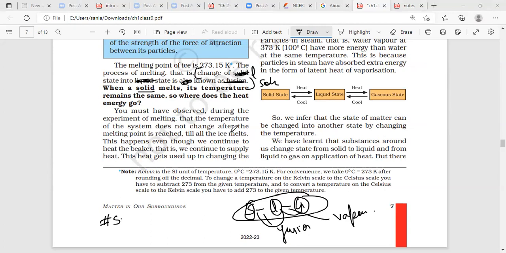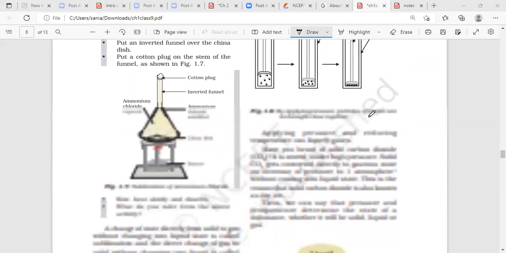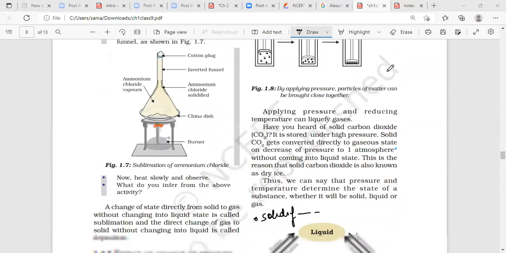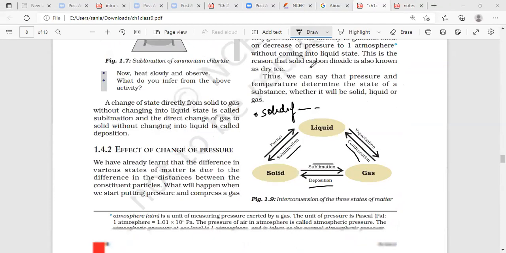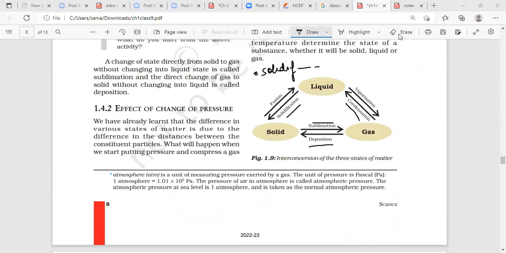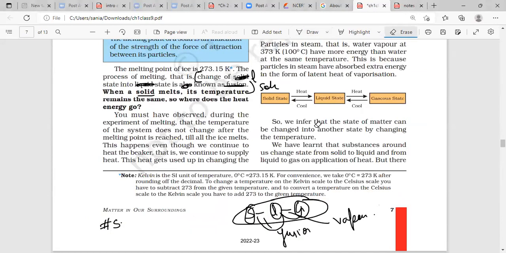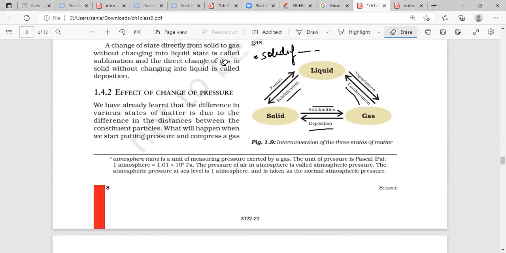Next, you will write condensation. Okay, condensation, and you will write the same definition, but what will be the changes? Now you are going to convert what? Tell me. Gas to liquid. Yes. So you will write over here gas. The change of gaseous state, not gas state.